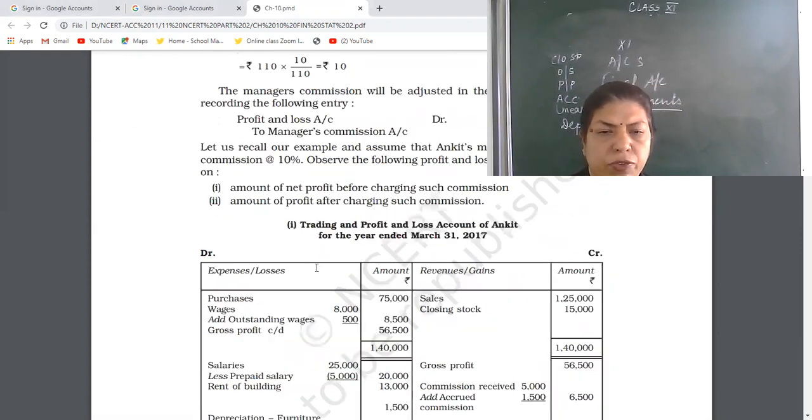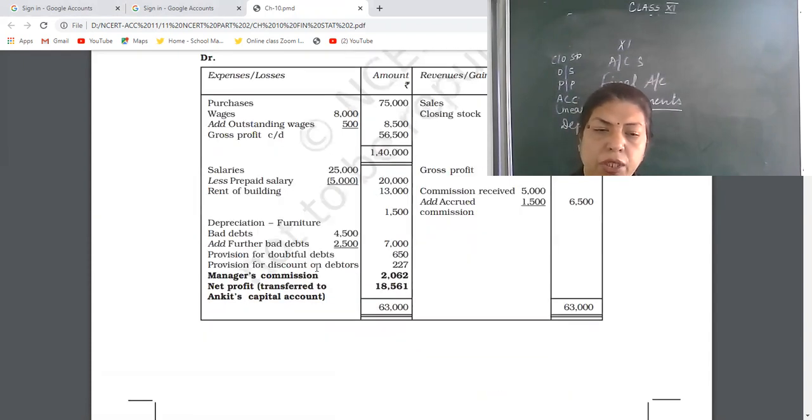So where to show? Now the question arises, where to show? Simply, this is an expense for the business, because the organization will give the commission to the manager. So that's why it is to be shown on the debit side. The debit side of P&L shows all the expenses and losses of the organization.